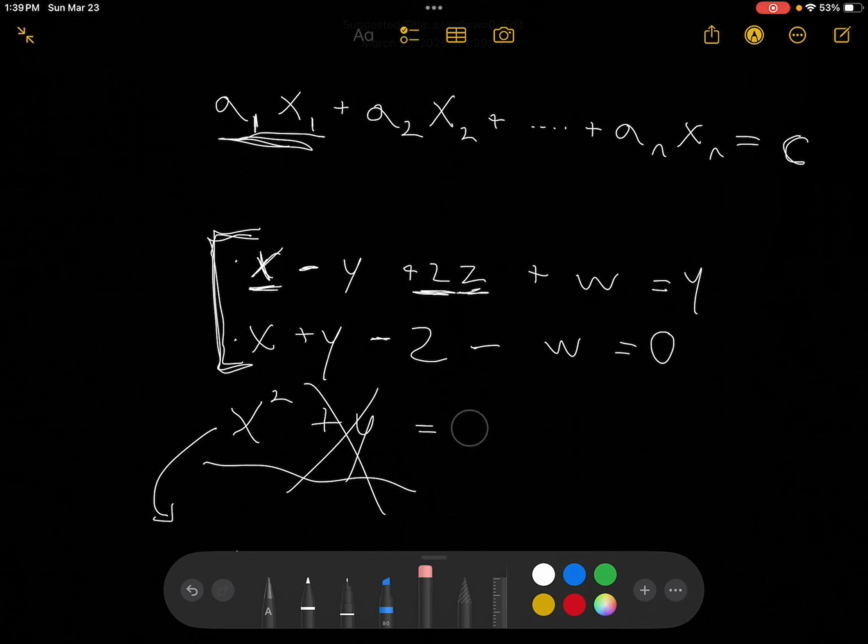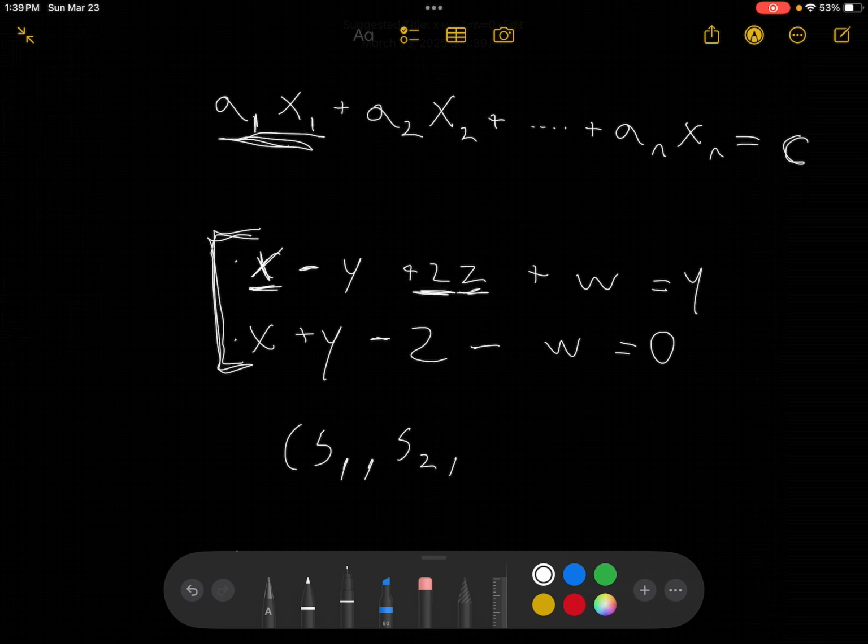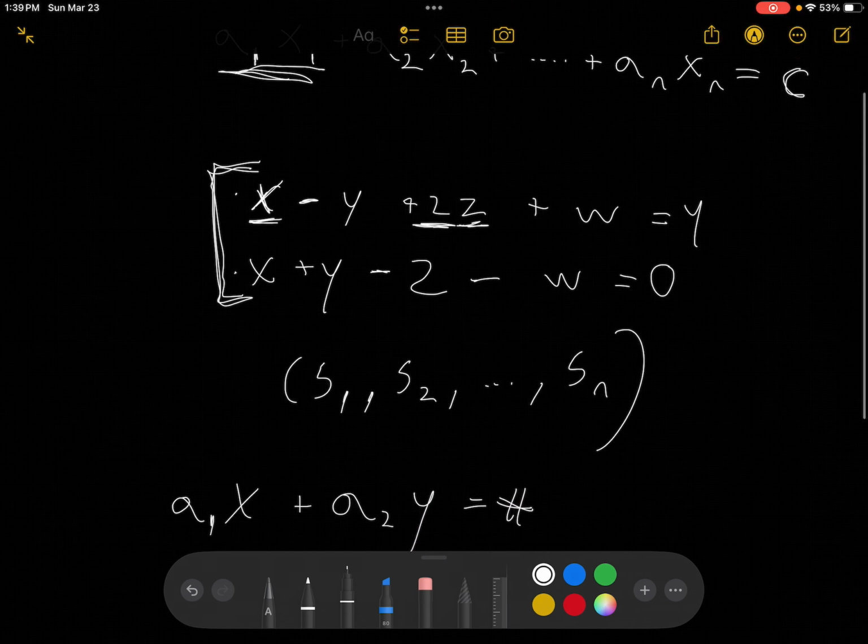So now we can talk about a solution to this system. A solution to a linear equation is usually written in this kind of format, where you have a bracket, then you have some number, then a comma, some other number, comma, as many numbers as you have variables, let's say n variables, and then you close the bracket.